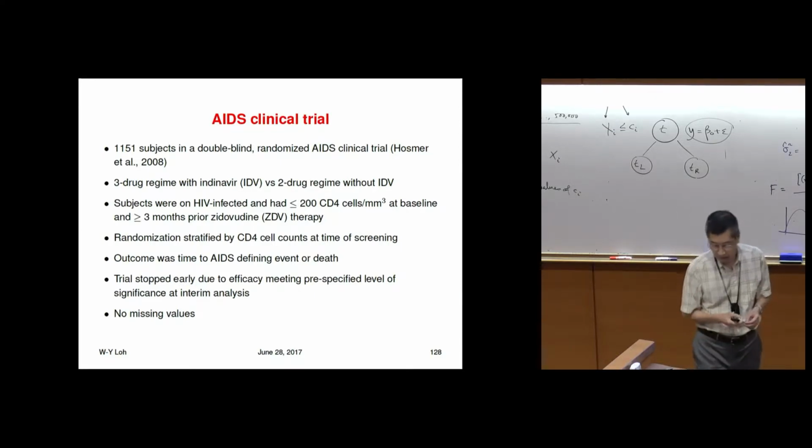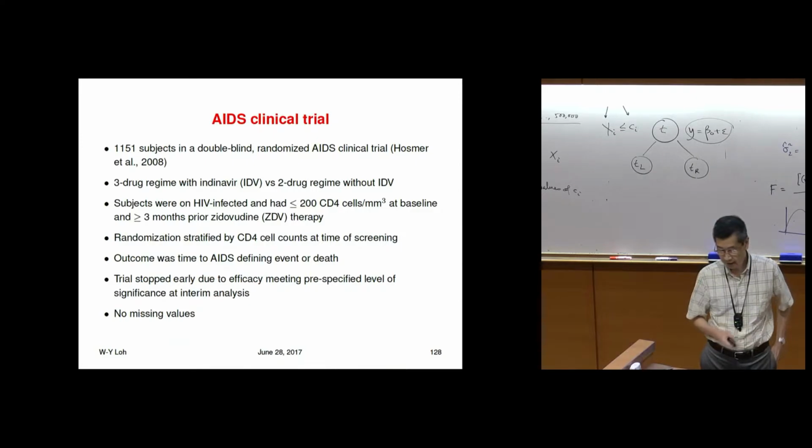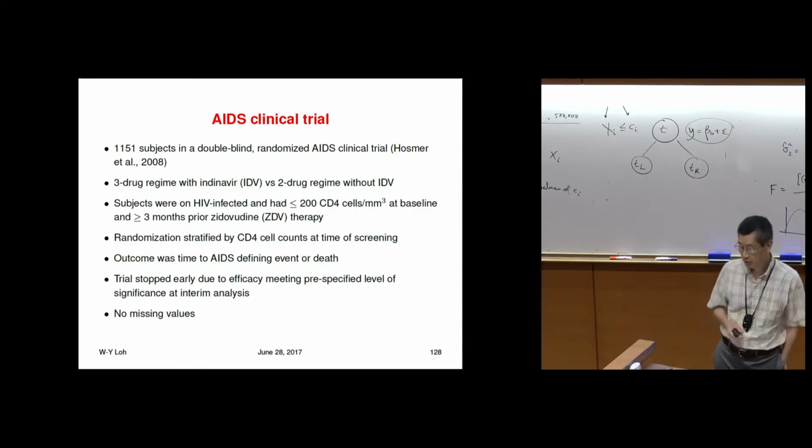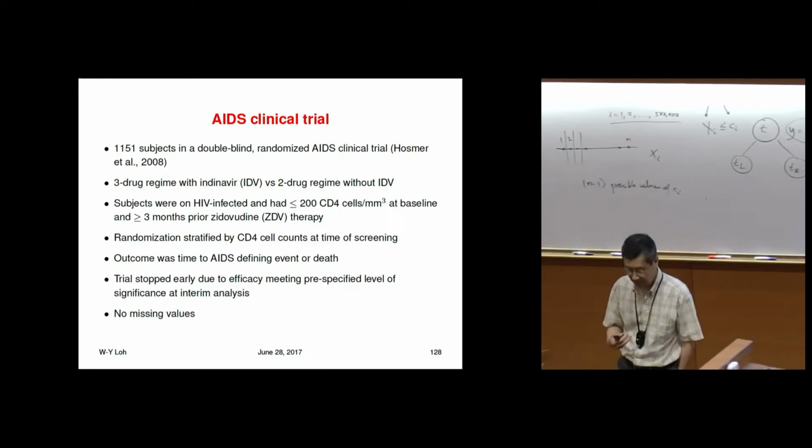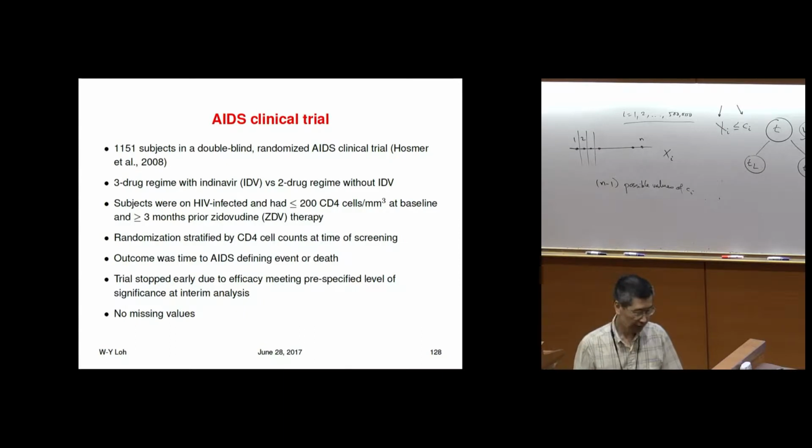Right? So the subjects are all HIV infected, and they all have very low CD4 cell counts. CD4 cell counts are white blood cell counts, and the amount in your blood is a measure of how well your immune system works.